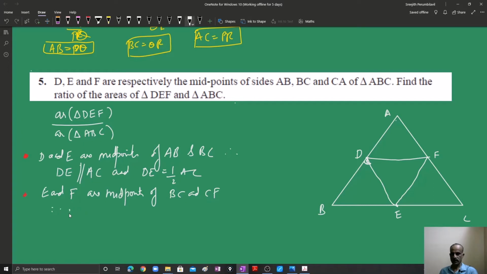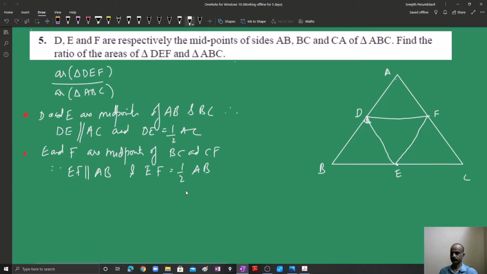Therefore, I can say that EF is parallel to AB, and EF is equal to half of AB, by our midpoint theorem, or you can derive it from BPT. So that's done with. Similarly, we can say that DF is parallel to BC.